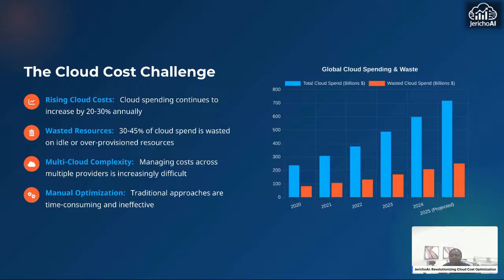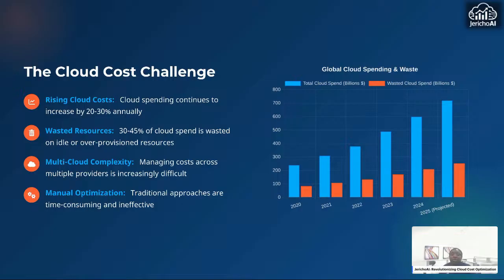Beyond that, we see some companies come to you and say, we want to support you to do cost optimization, to reduce your cost. And so there are manual automations, and these traditional approaches are time consuming and ineffective, by the way.